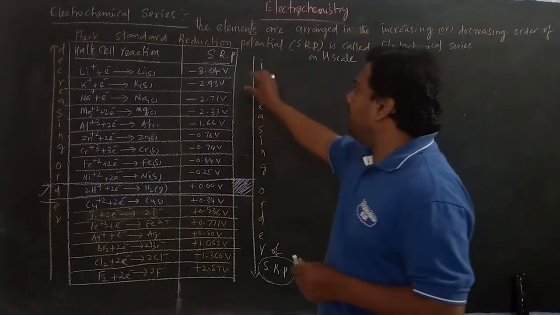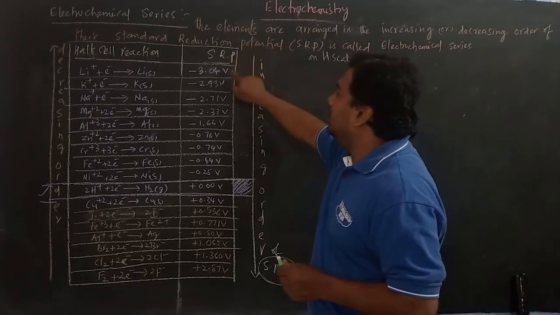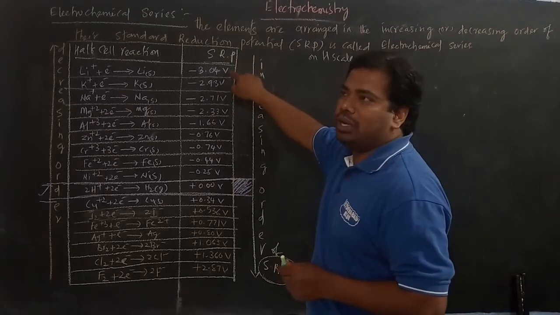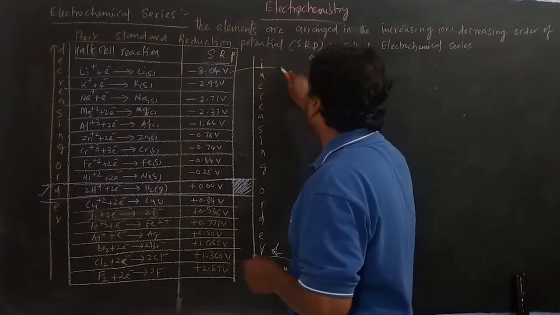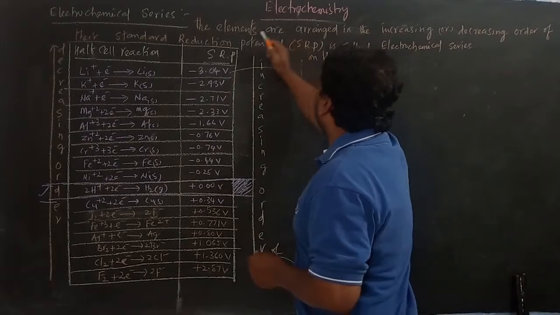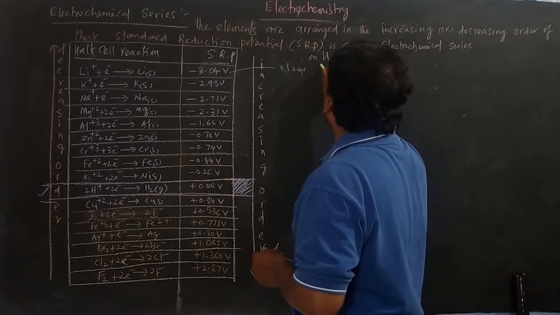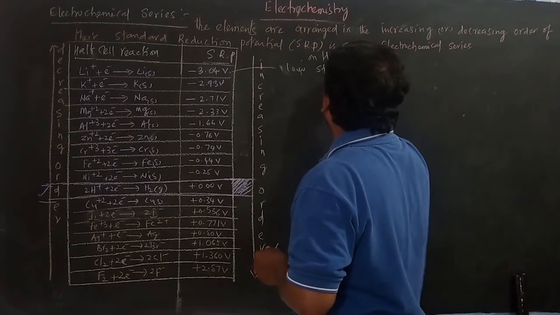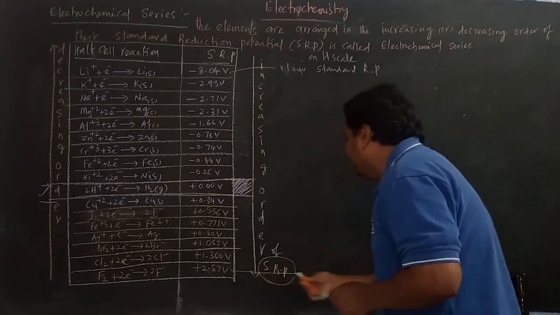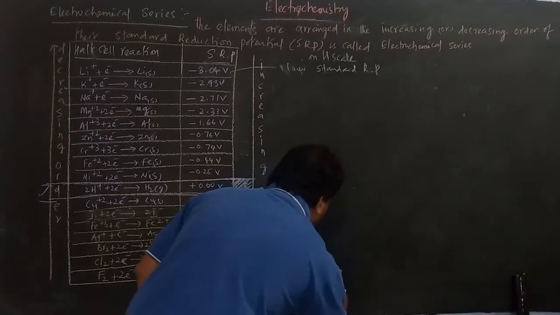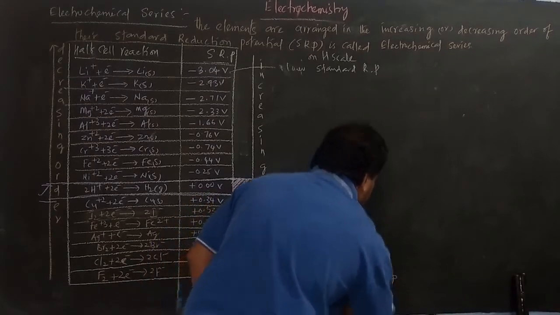Here the lowest reduction potential is assigned for lithium, and here you can see the highest standard reduction potential.